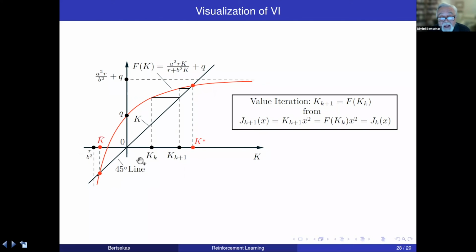On the other hand, from the starting points that make sense, which are the non-negative starting points, you're going to converge to K star, and that's a graphical justification of value iteration for the one-dimensional linear quadratic problem.